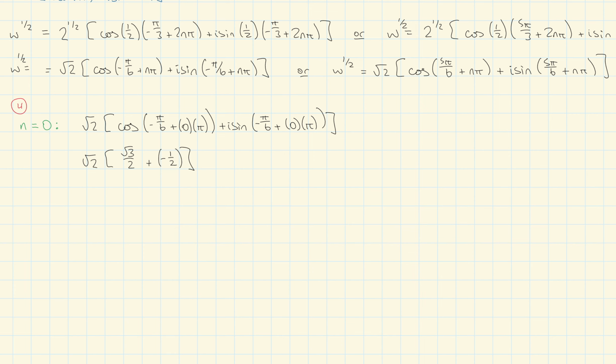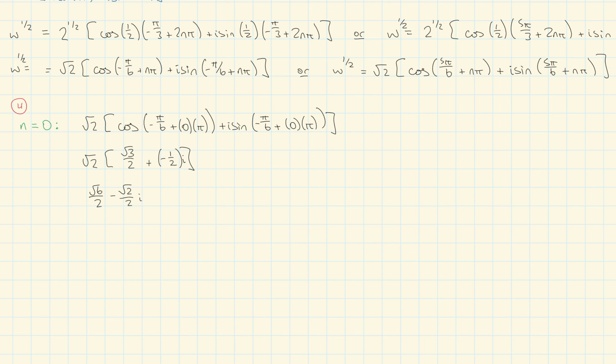So then root 2 multiplied by root 3 over 2 is equal to root 6 over 2, and then root 2 multiplied by minus a half will give me minus root 2 over 2i.